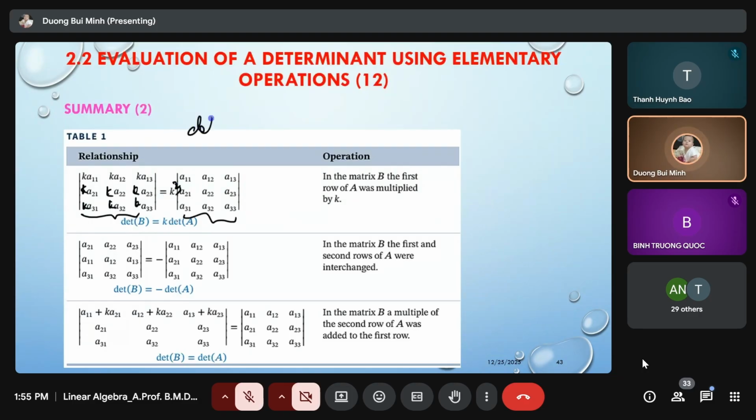So the determinant of K times matrix A is K to the power of n times the determinant of A. For example, if A has 3 rows and 3 columns, we have K to the power of 3 times the determinant of A. Then this is for integers, and this one for the third rule.